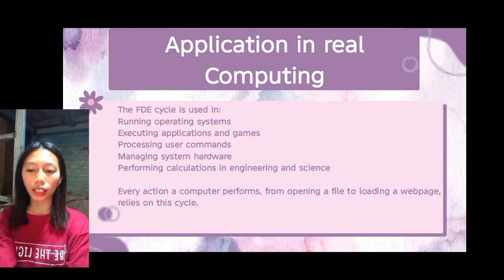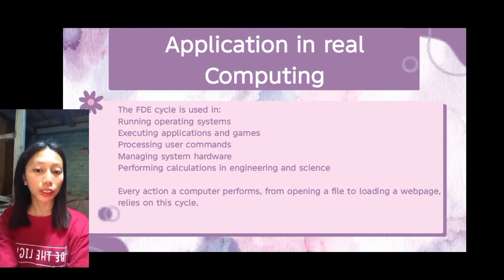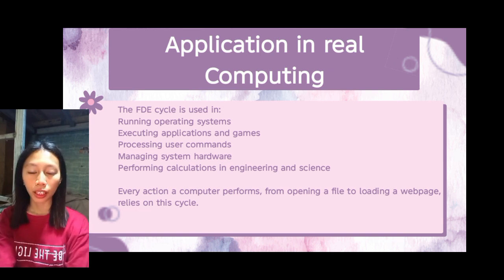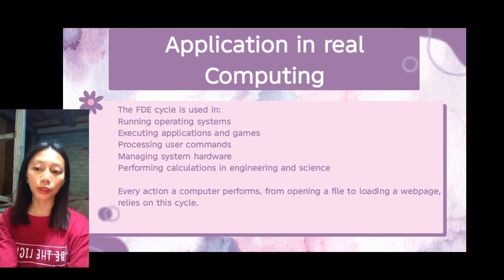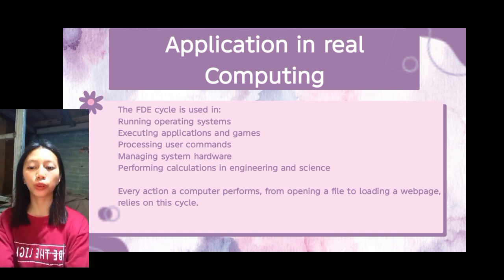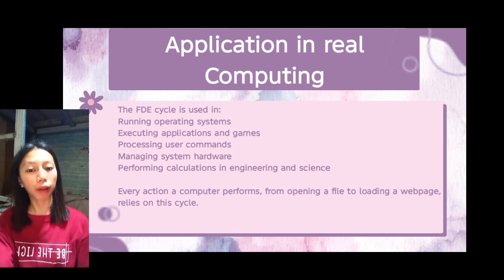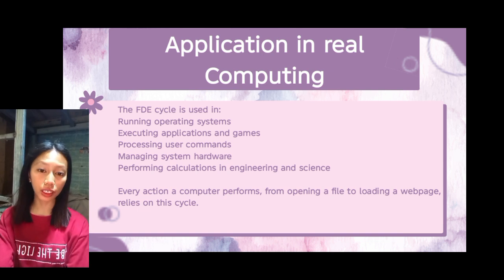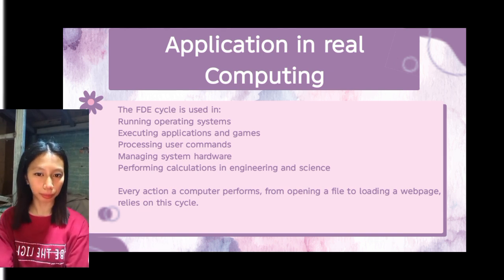So, this cycle is used all the time in real computers. It runs the operating systems, games, apps, hardware processes, and even simple user commands. Every action we do on a computer is made possible because of the fetch, decode, execute cycle.